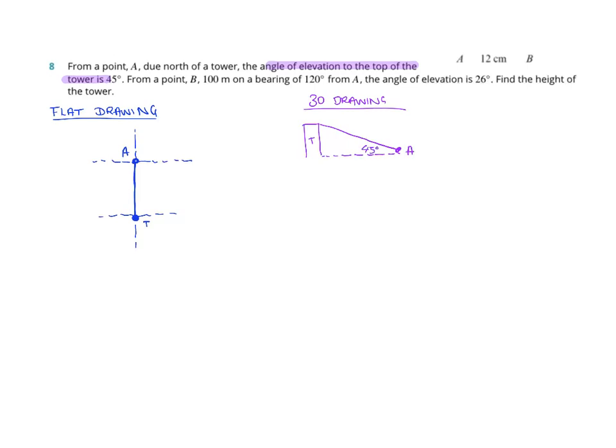Okay, then the next point, they say that from point B, 100 meters on a bearing of 120 from A. So I'm going to draw the 120 degrees from A, something like that, around here. They're saying point B is out there, and it is 100 meters.